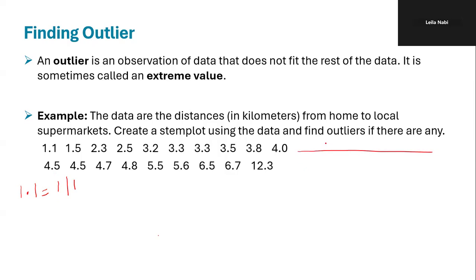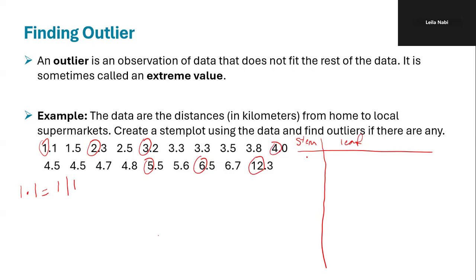So again, I will have a stem and leaf. The numbers right now are in order. So I have 1, 2, 3, 4, 5, 6, and 12. These are the stems.